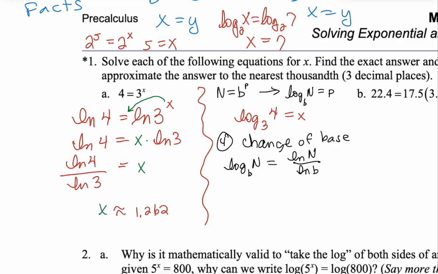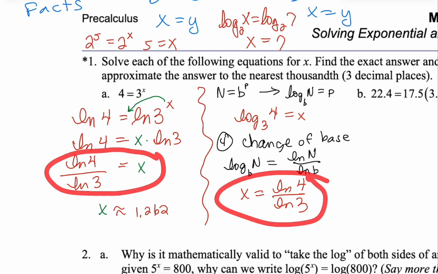That's a silly little rhyme to help you remember, but it's just the natural log of the number divided by the natural log of the base. Look at what we had over on the side. For this particular function, our number is 4, our base is 3. So x would equal the natural log of the number over the natural log of the base, which is exactly what we got over there.